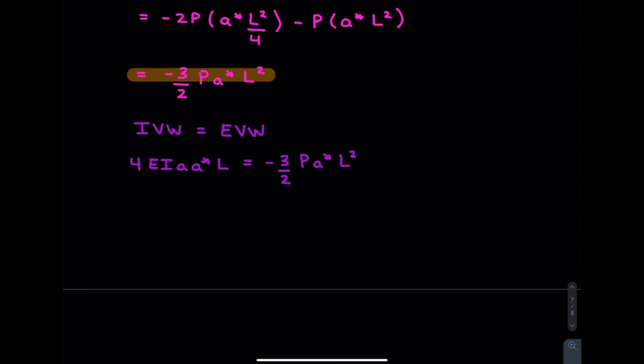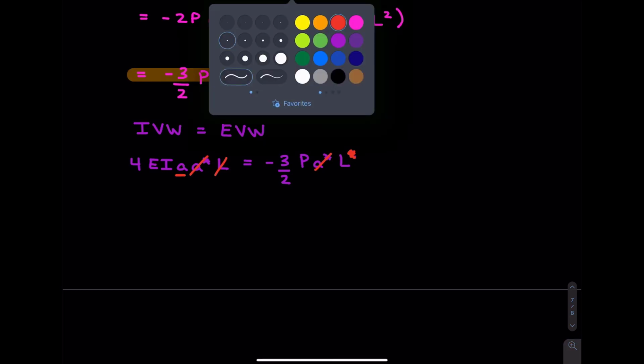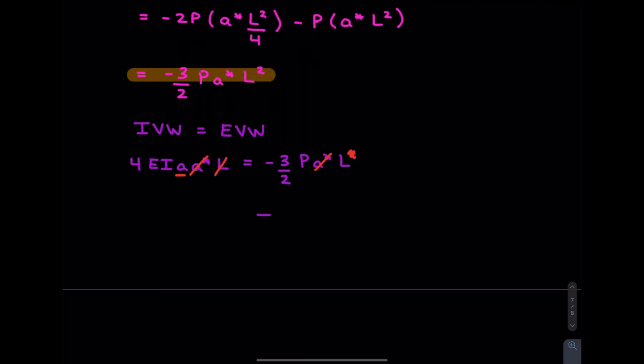What's nice about this is we can see that there is stuff on both sides that cancel out. For instance, I have an a star on both sides, so I'll get rid of that. I have an L on both sides, so the L on the left-hand side cancels, and the L on the right-hand side goes from L squared to simply L. Therefore, my only unknown that I want to solve for is A. So I can rearrange this and solve for A. A is going to be equal to negative 3 divided by 2 times 4, which is just 8.